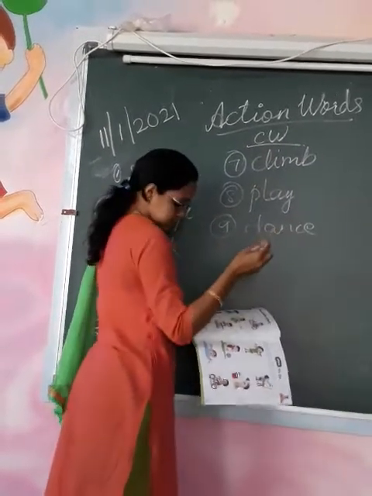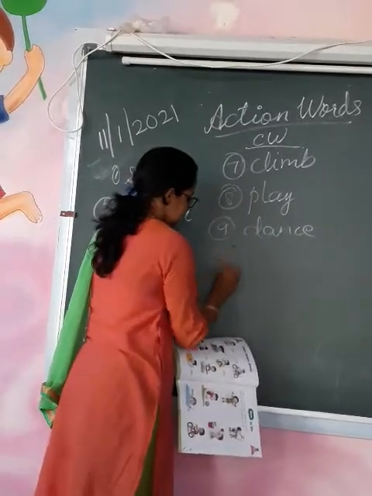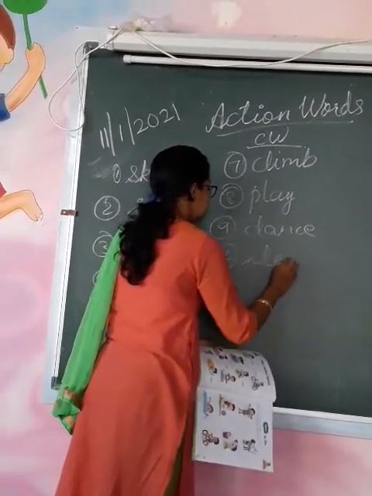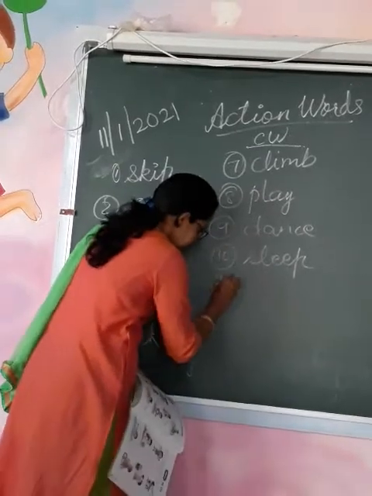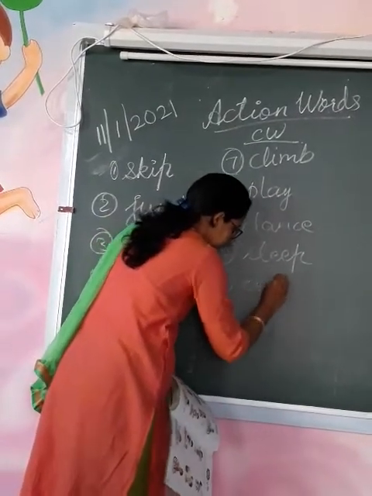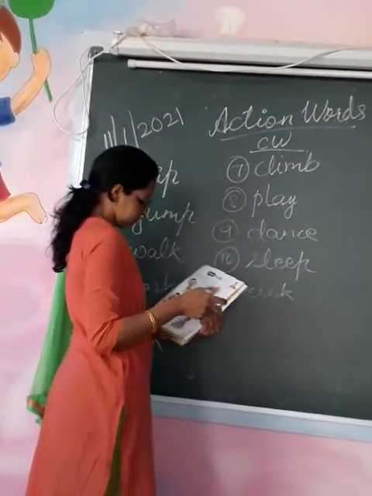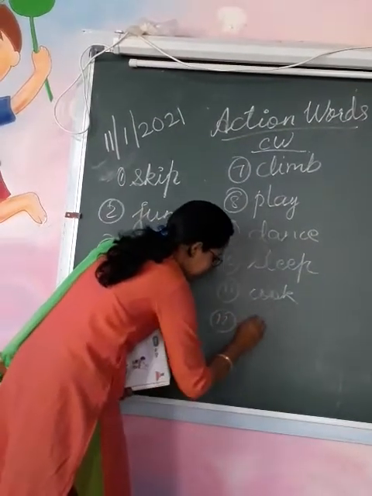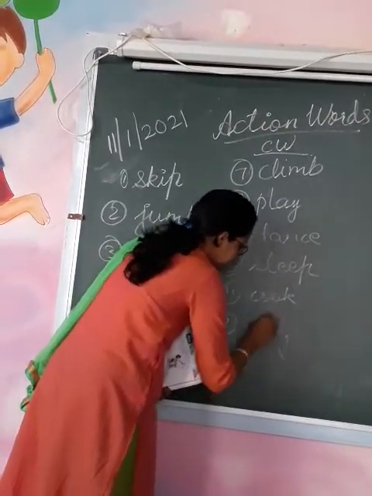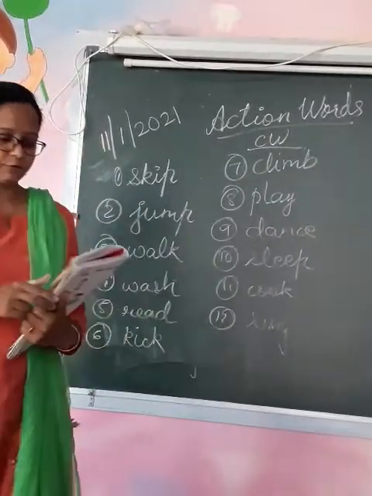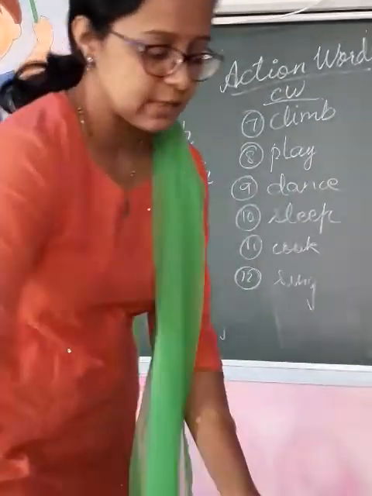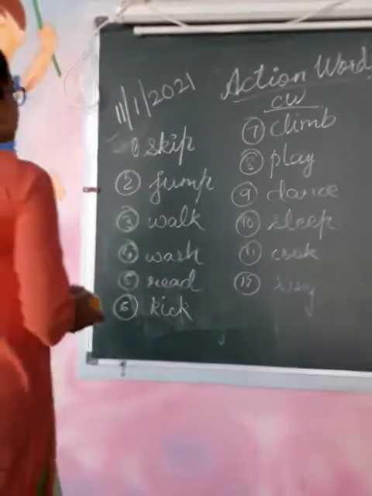DANCE, dance. SLEEP, sleep. COOK, cook. SING, sing. Okay. These are the 12 words. You have to write each word 3 times. Say the spelling and write.